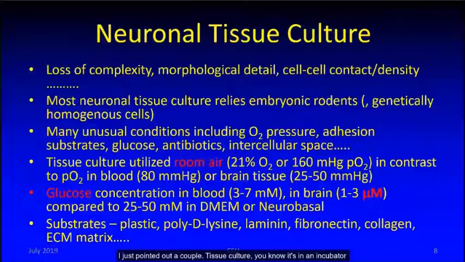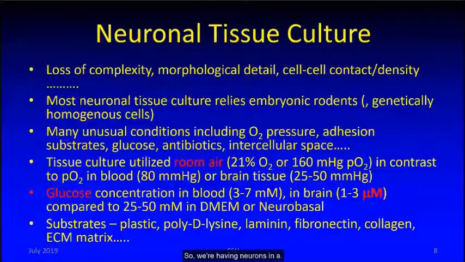I'll just point out a couple. Tissue culture, you know, it's an incubator. You put room air in the back, 5% CO2. Room air has about 18 to 20% oxygen. It's 160 millimeters of mercury, sorry for the mistake. That's the partial oxygen pressure. In blood, in your own whole physiology, it's 80 millimeters.